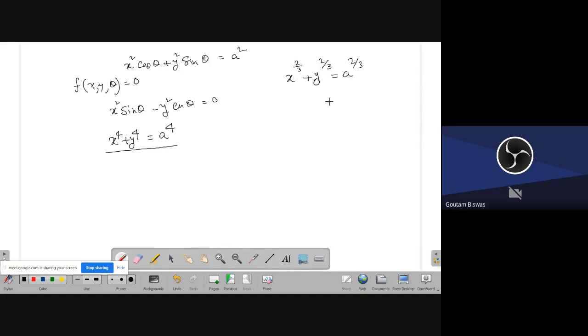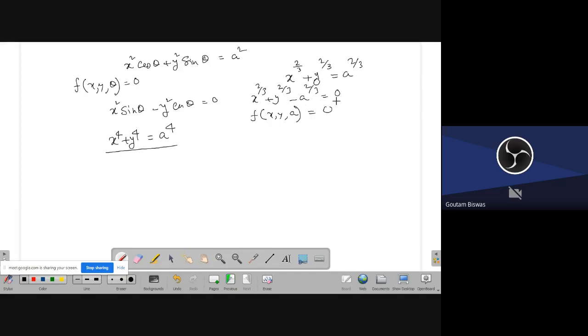Now differentiate this with respect to a. That means a: x^(2/3) + y^(2/3) - a^(2/3) = 0. So this is f(x, y, a), and a is the parameter.